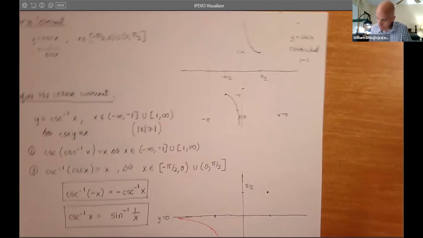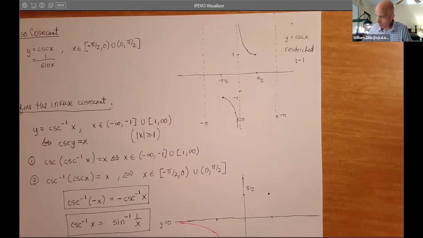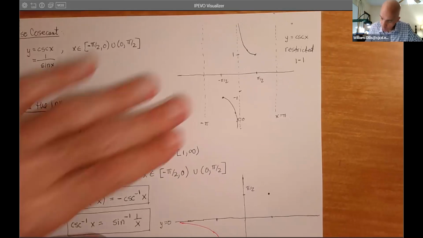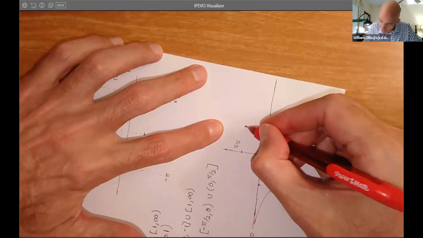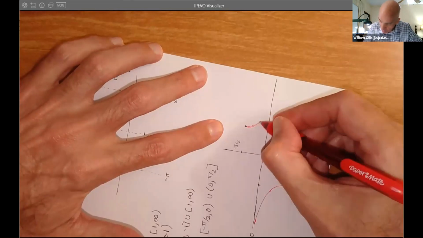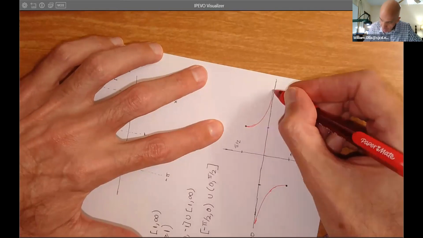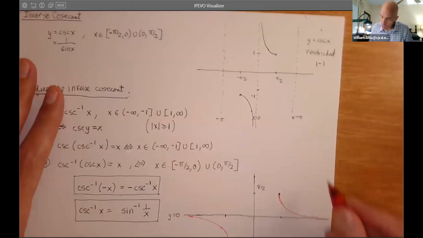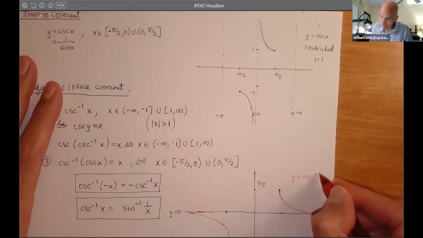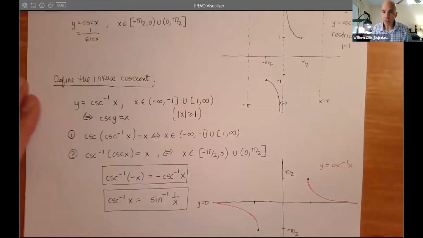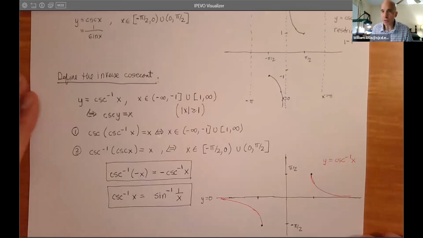And we decrease. Of course, we form a vertical tangent right here, but then decrease and approach the horizontal asymptote here. So this is y equals cosecant of x. A very beautiful function, very nice and symmetric with respect to the origin.